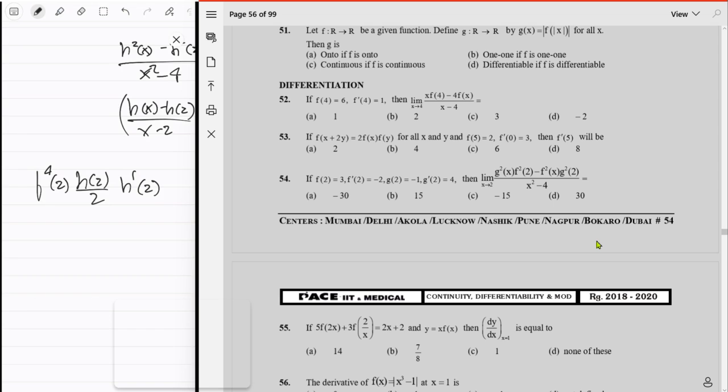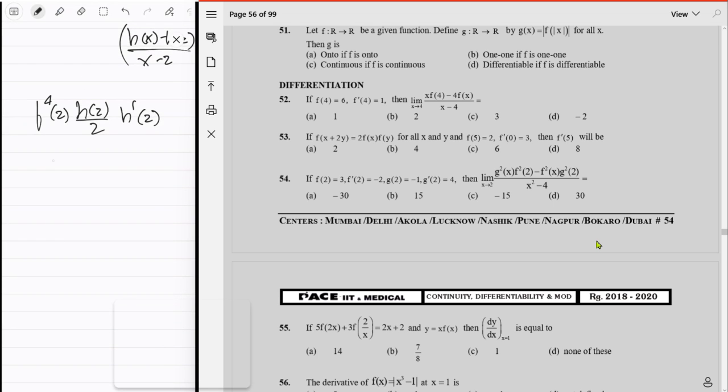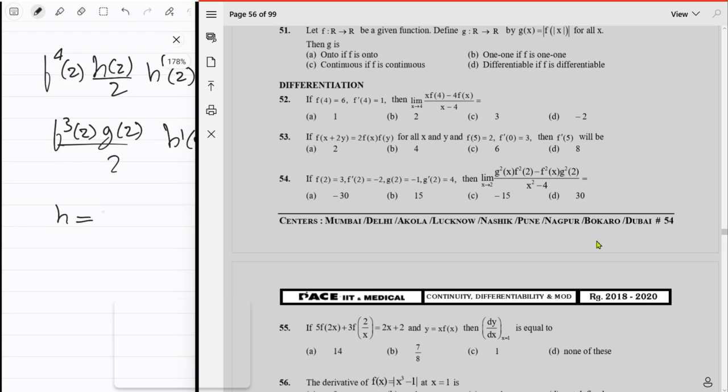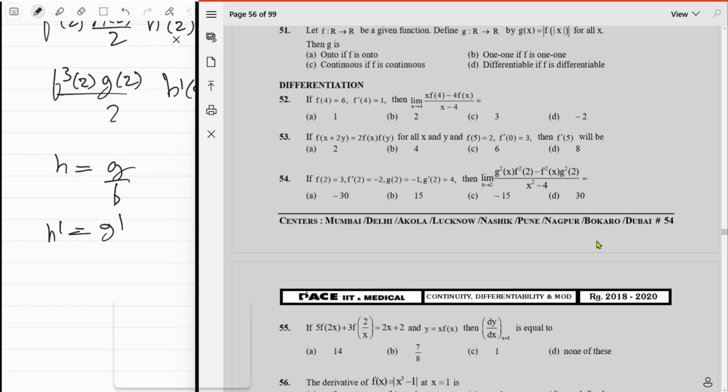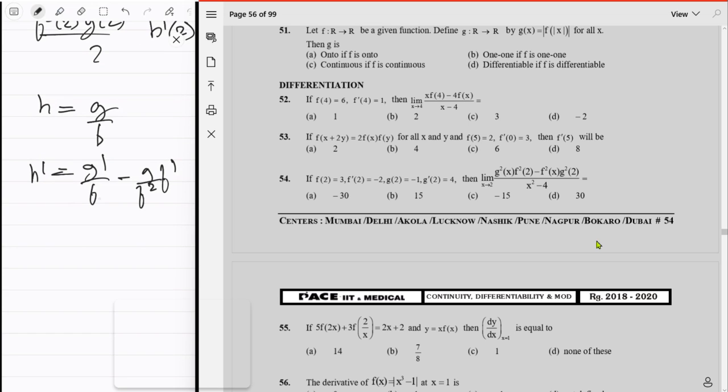And then h is g upon f, which means this becomes f power 3 of 2, and then g of 2 upon 2, and then h dash of 2. So h is g upon f, which means that h dash will be g dash upon f minus g upon f squared times f dash. So just figure out what h dash should be at 2.